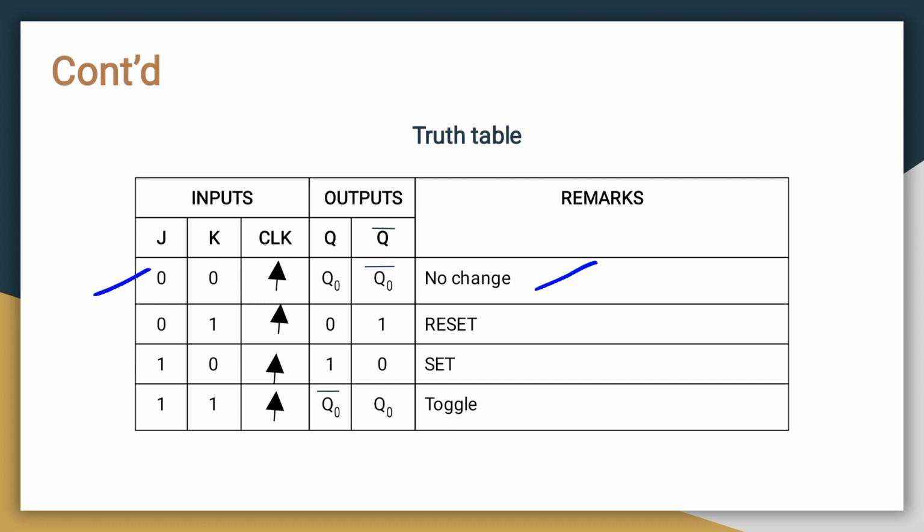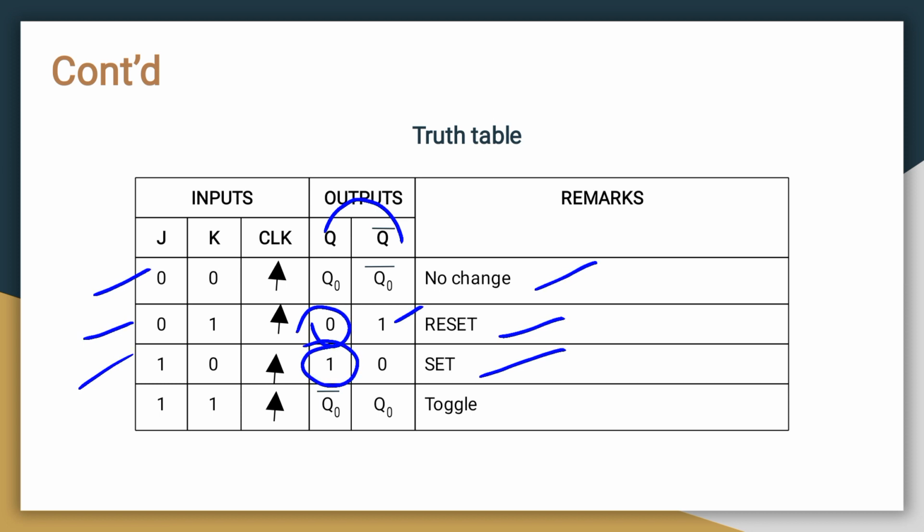When J and K are 0 and 1 respectively on a rising edge, it will reset. Reset means if the flip-flop is in a set state, then it will reset the content. So that is 0, and the opposite is 1 because of Q bar. Clear? Next is 1 0 on a rising edge, it will set, that is 1.